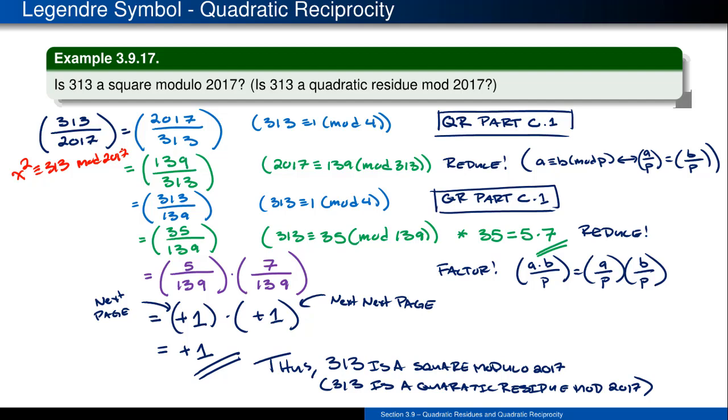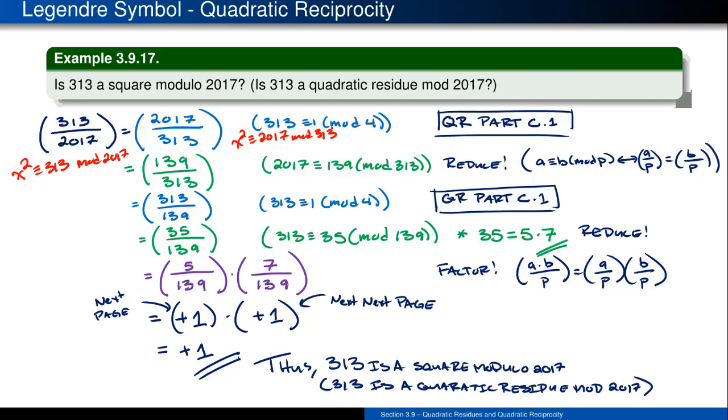So what's going to happen is that I'm going to flip those things using this quadratic reciprocity. So I put the 2017 on top and I put the 313 on the bottom, which is telling me that x squared is now going to be congruent to 2017, or I'm looking for an x that would satisfy this congruence, modulo 313. So I'm replacing the moduli with that a value if you think about it in terms of a's and p's.